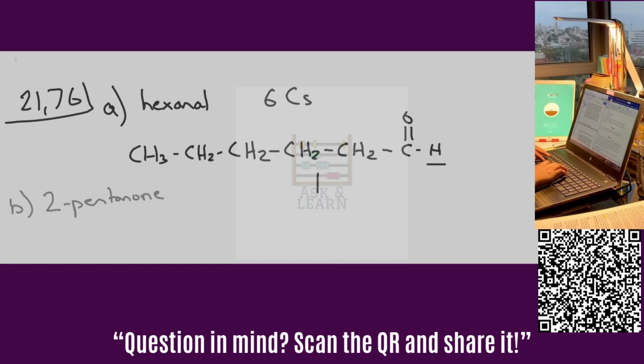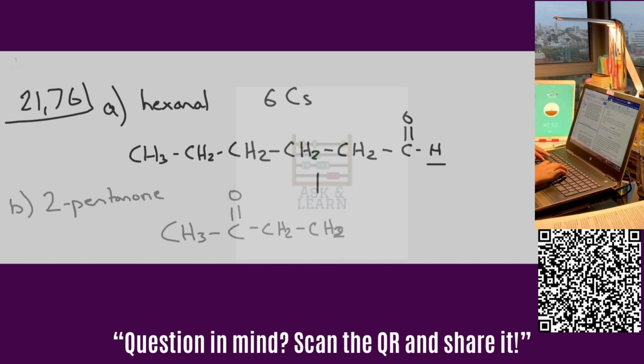And then because of the ONE at the end, it should be a ketone. And for ketones, because they're on the inside of the carbon chain, we need to be given the position, and here we're given the position as 2. So we can go ahead and put it on the second carbon, and that's just a double bond O, and then we write the rest of the carbon chain.